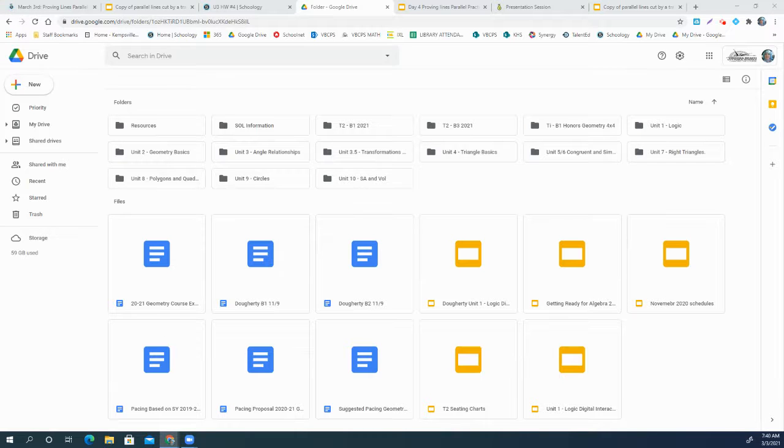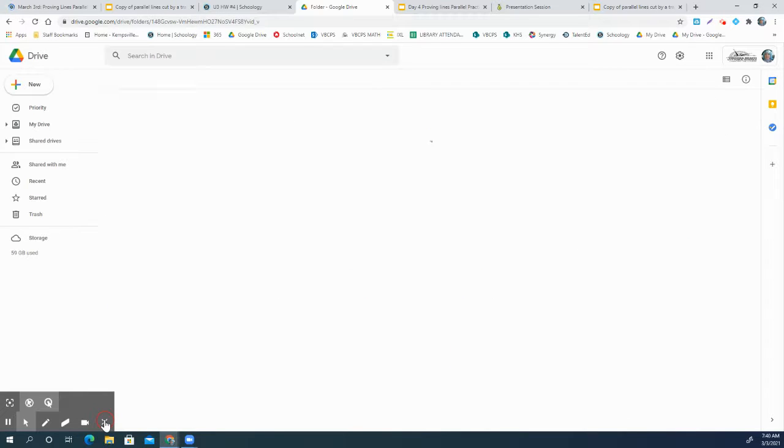And my computer, maybe if I click Screencastify, that will help. But then it didn't close.